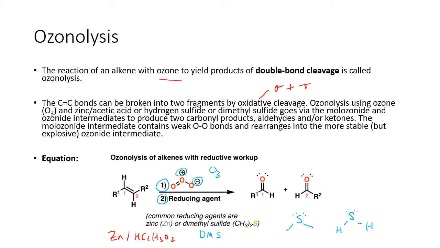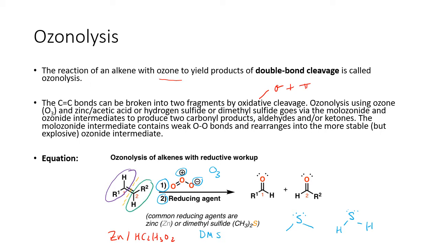When we're drawing the products of this ozonolysis reaction, imagine that you draw a line down where the double bond is, right along that alkene, and imagine breaking it into two halves. One side right here, and the other side right over here.